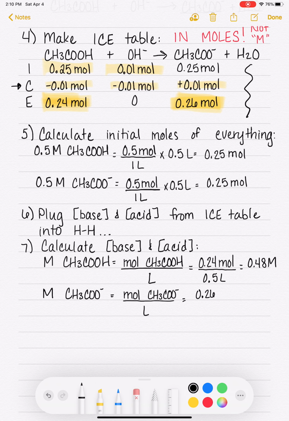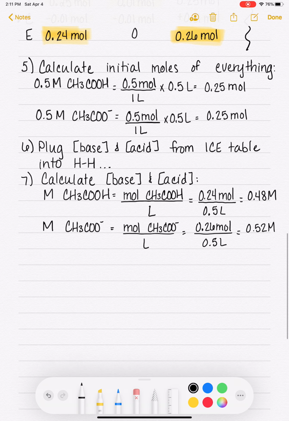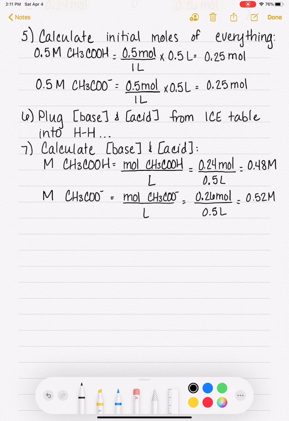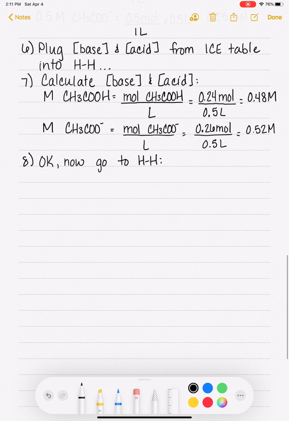We already talked about how the volume is 0.5 liters. 0.26 divided by 0.5 gives us a molarity of 0.52. And okay, now we're ready to plug in to the Henderson-Hasselbalch. Okay, now go to Henderson-Hasselbalch for real. Now we're actually ready for it.